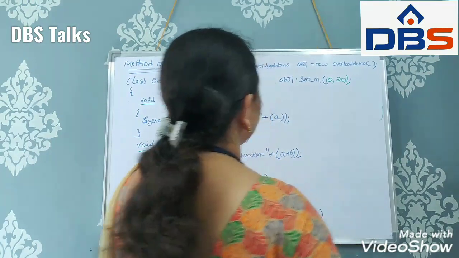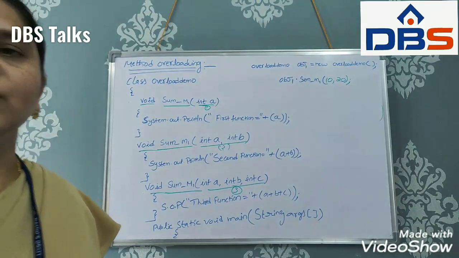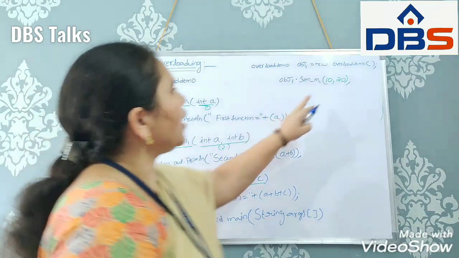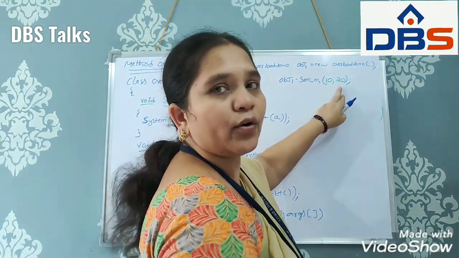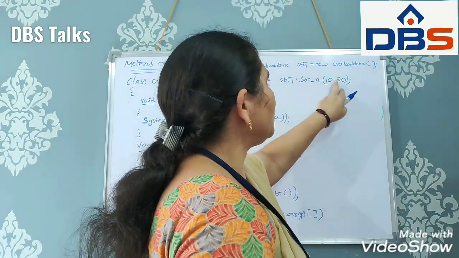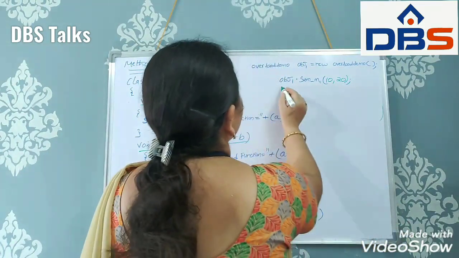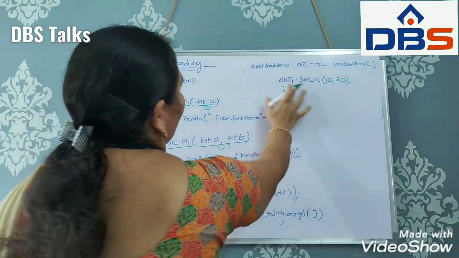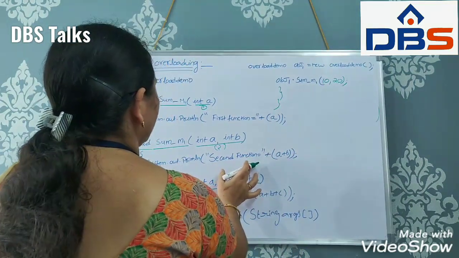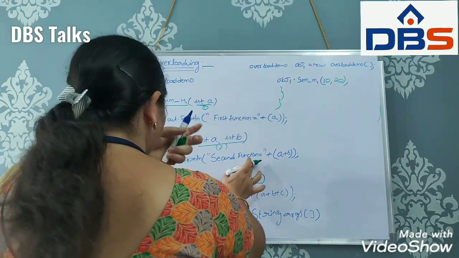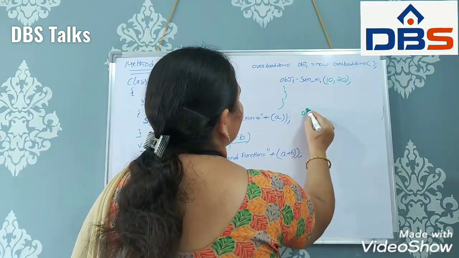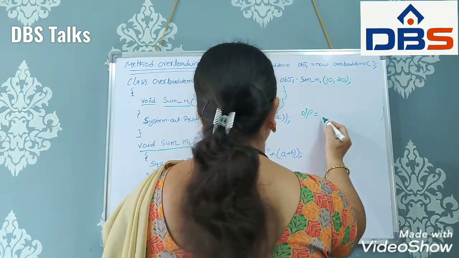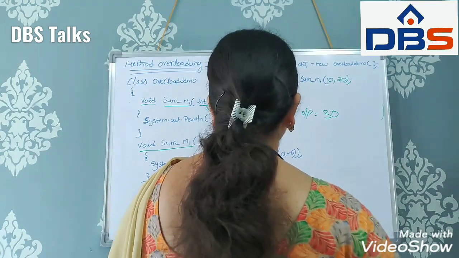Which output will I get according to this one? 10 comma 20 means two arguments, so the compiler directly goes and executes this instruction. The object calls this method, it comes here, checks, and executes this method. So the output is 10 plus 20, which is 30.